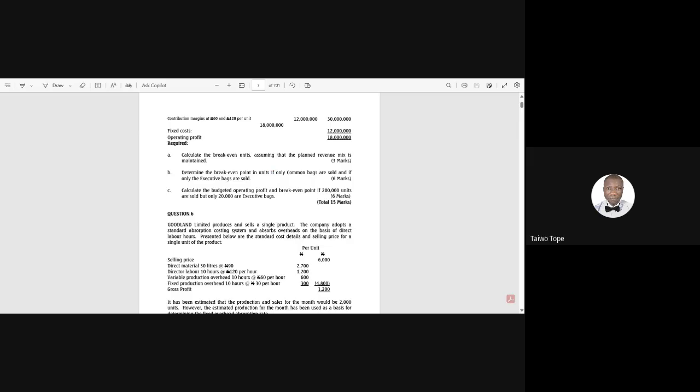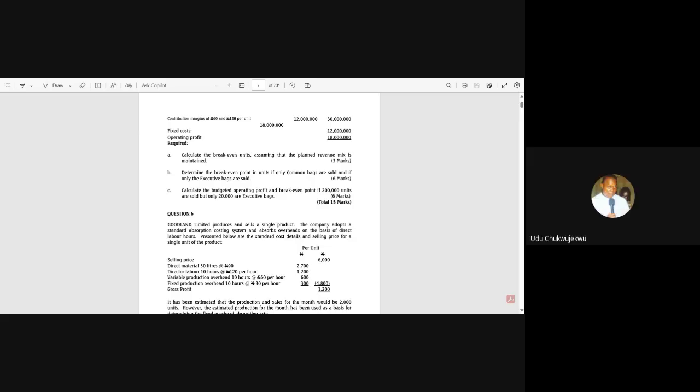Now, we are not looking at the fact that there's a relationship between common bags and executive bags. If only, independently, common bags are sold. So if only common bags are sold, assume we are not seeing executive bags. What is the contribution per unit for common bag?